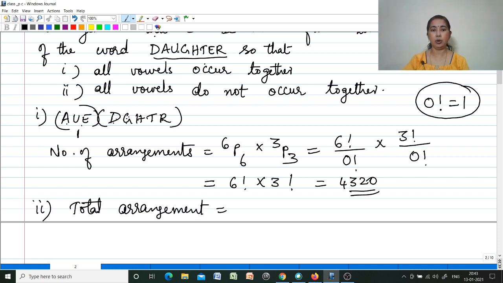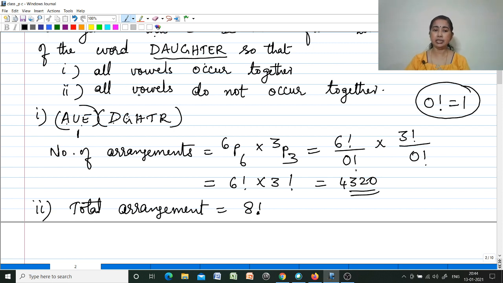Here we can see all the letters are different, so according to our theorem, if repetition is not allowed, the number of different arrangements is n factorial. How many letters are here? 1, 2, 3, 4, 5, 6, 7, 8 letters are there. So total arrangement is 8P8 or 8 factorial.